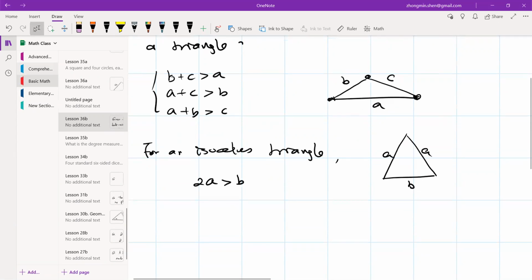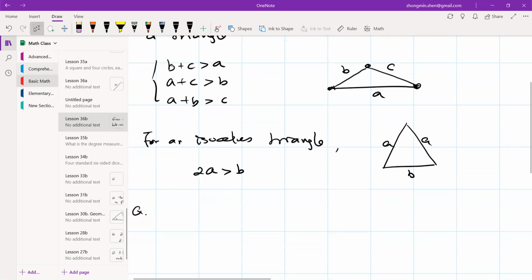Okay, so here's a question. Let me give you the problem. You're given a triangle with sides A and B, where A and B are integers.